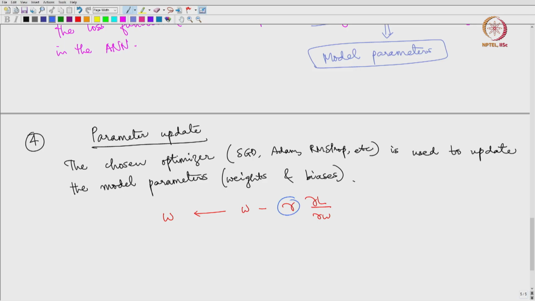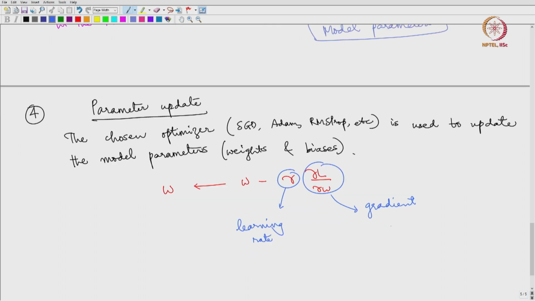This gamma, if you remember, is the learning rate, and this del L del W is the gradient of the loss function with respect to the particular weight W, computed via back propagation.